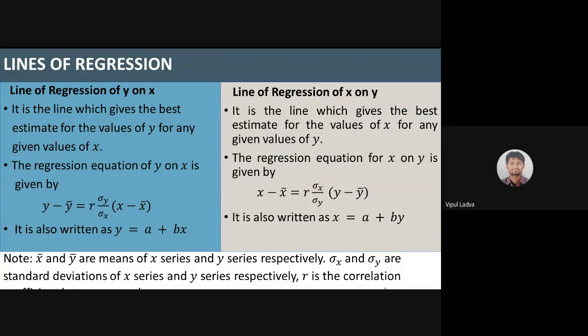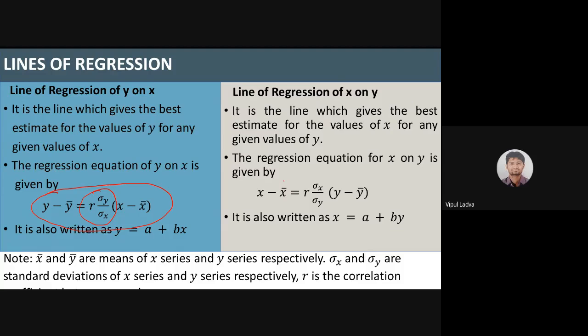So both of these are formulas. Observe here. This is the formula for the regression line y on x. This is the formula for the regression line x on y. It is very easy for you to remember. The regression line y on x starts with y minus y bar equals one of the regression coefficients into x minus x bar.